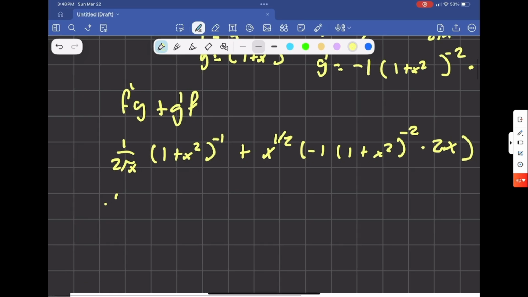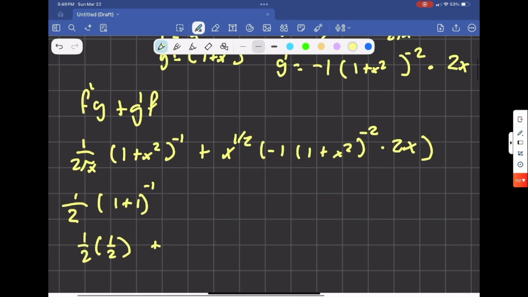So here we get 1 over 2 times 1, which is just 2. And then 1 plus 1 to the -1 is basically 1/2, so 1/2 times 1/2 plus 1 times -1, 1 plus 1 squared, which is just 2 to the -2, times 2 times 1.